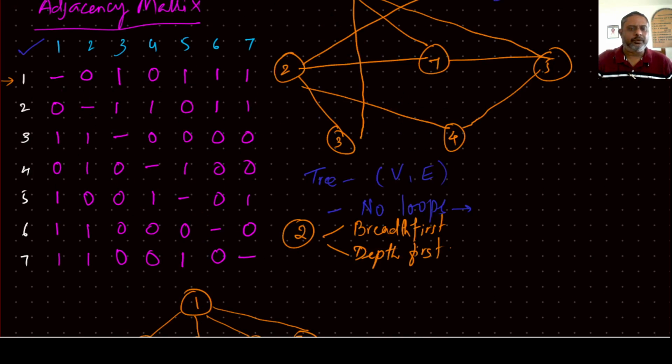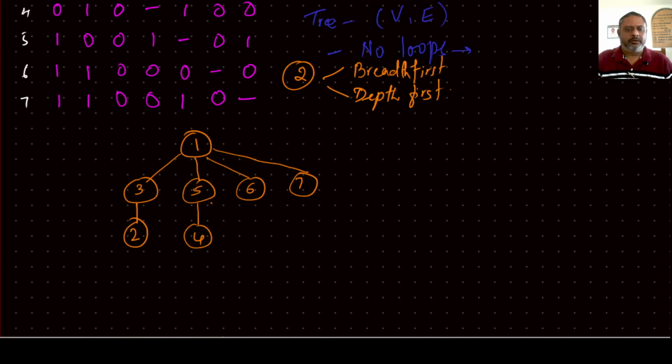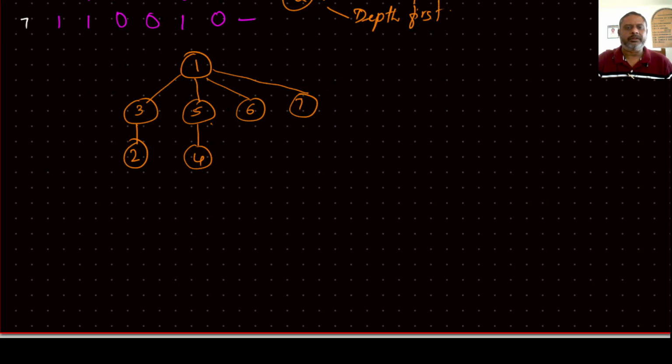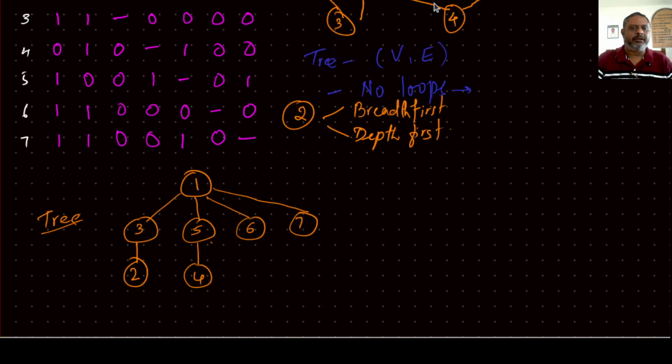Then coming to 4, it can be connected to 2 and 5. 2 cannot be connected, 5 is already connected, so that's it. So we have built a tree where all nodes are present. 1 is there, 2 is there, 3 is there, 4 is there, 5 is there, 6 is there, 7 is there. All are there. And what we have done is we have checked row wise and went on connecting.